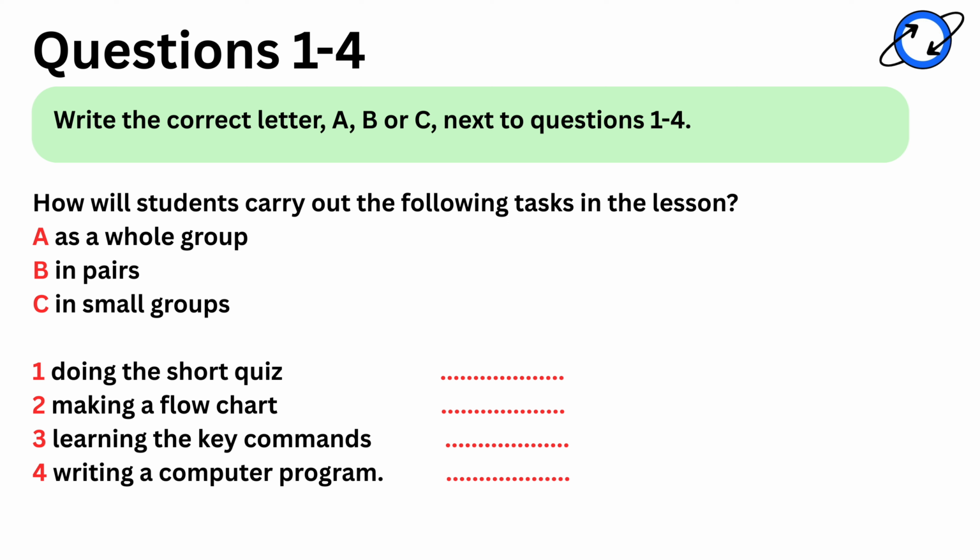Exactly. It's probably best if the teacher stands at the board and everyone works on that together. Yes, otherwise they'll all come up with different flow charts and it'll get confusing. Precisely. I imagine making the flow chart will take about 15 to 20 minutes. Then they use that to write their computer program.